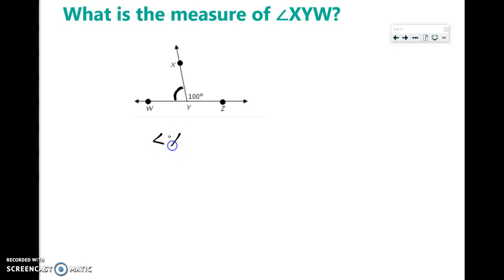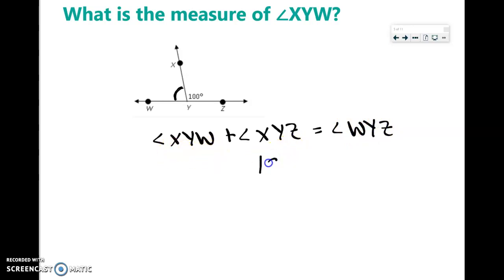So the measure of angle XYW plus the measure of angle XYZ equals the measure of angle WYZ. This is the one we are looking for. This is 100 degrees. And WYZ, it's a straight angle. You are allowed to assume it is 180 degrees.